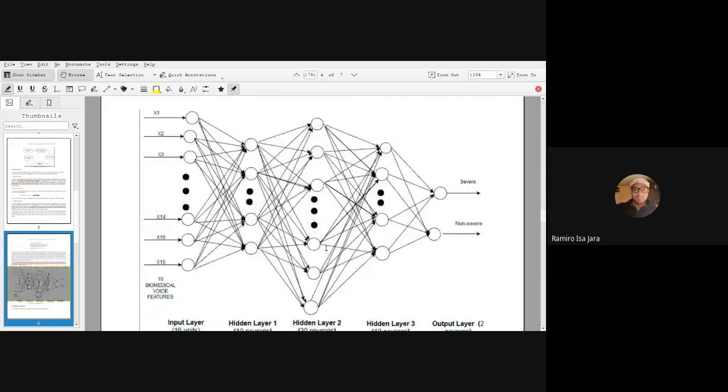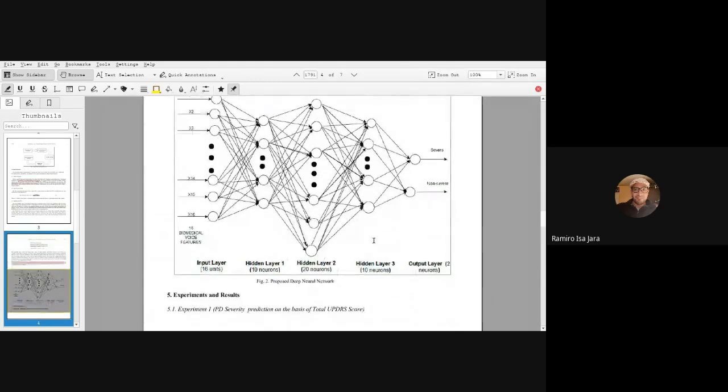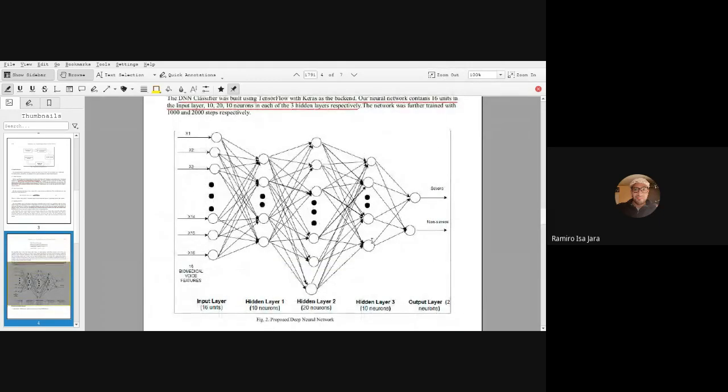In this image, the authors present the architecture of this algorithm. The input stage of this algorithm is designed with 16 neurons.